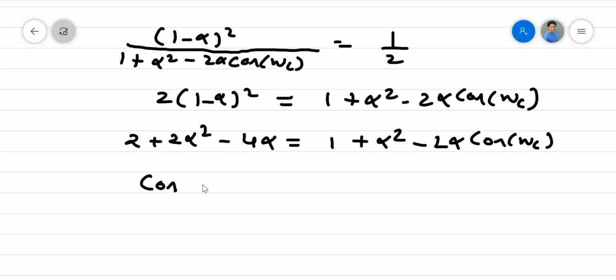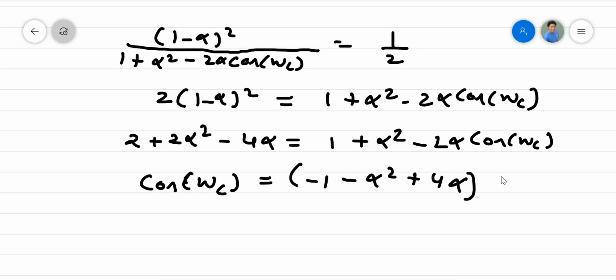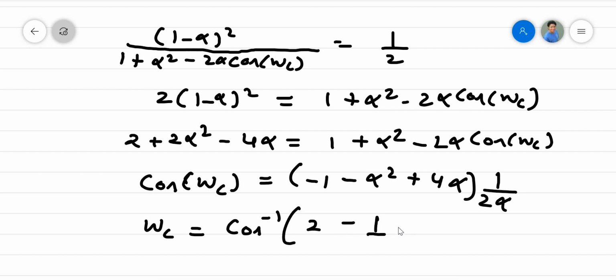So cos of omega c will be equal to minus 1, and then minus alpha square, and then plus 4 alpha, over 2 alpha. So omega c is equal to cos inverse of minus 1 by 2 alpha minus 1 by 2.